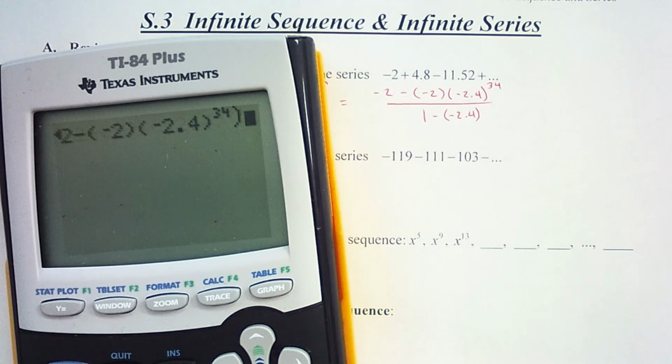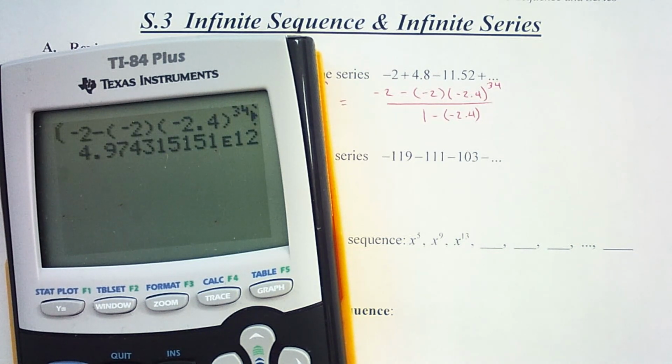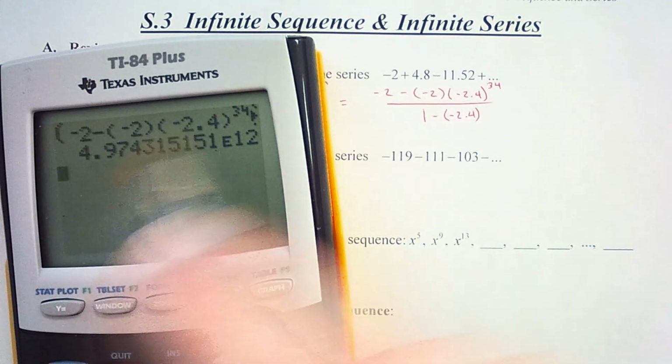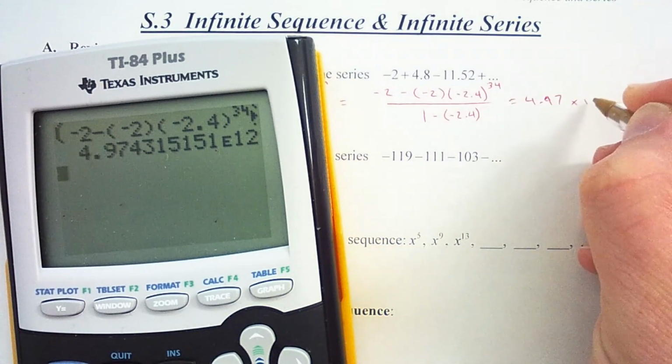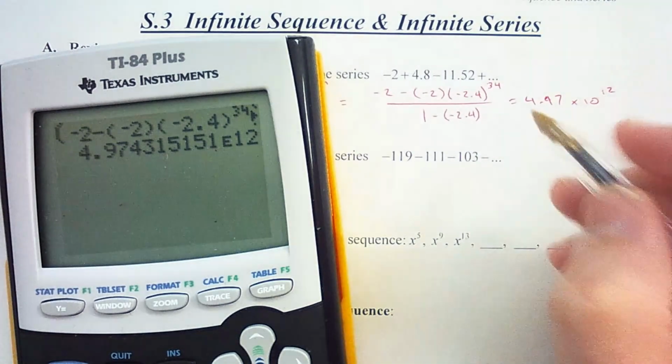And I'll close parentheses around the numerator, divided by the denominator in parentheses, 1 minus negative 2.4. And I get scientific notation. I'll round that to 4.97 times 10 to the 12th power.